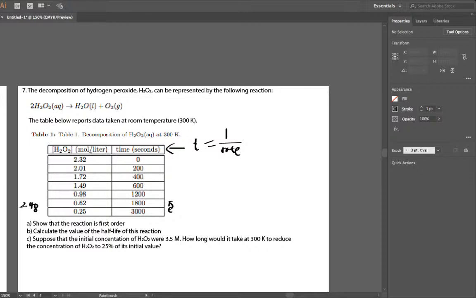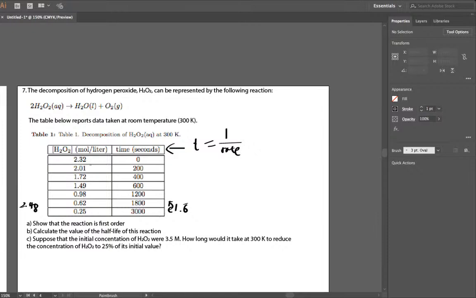That's 1.6. So I cannot conclude that the reaction is first order yet. Unfortunately, I can't.